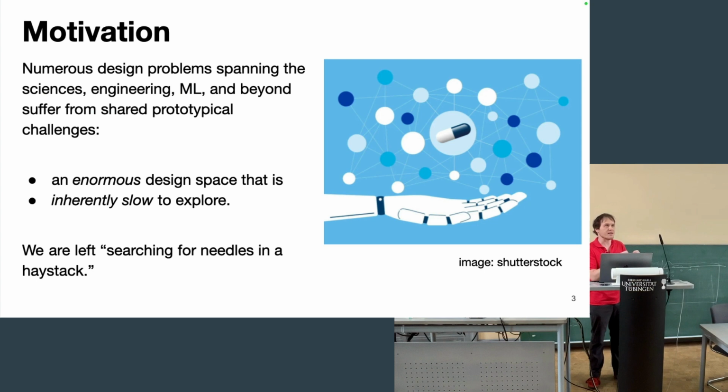Investigating a particular configuration may require an experiment in a laboratory, running an expensive computer simulation, or getting a human involved. So you've got this big space, and you're very limited in your bandwidth, your ability to explore it. And so you're left searching for needles in a haystack.